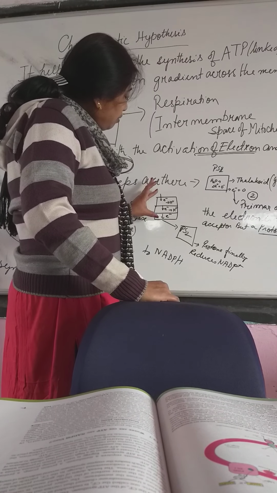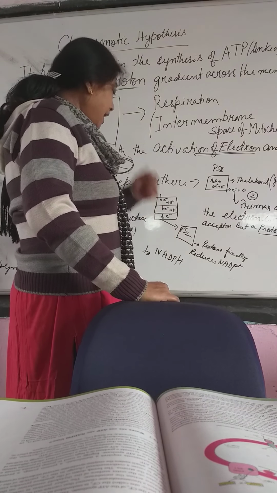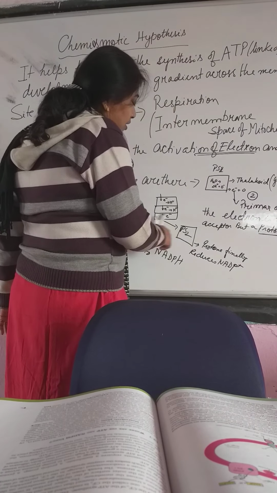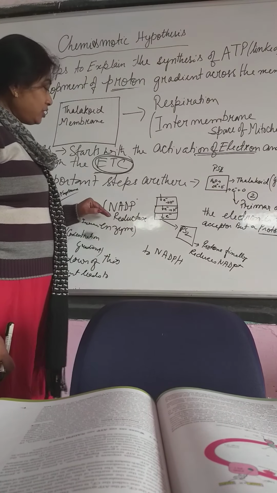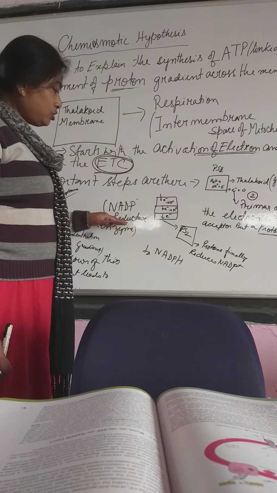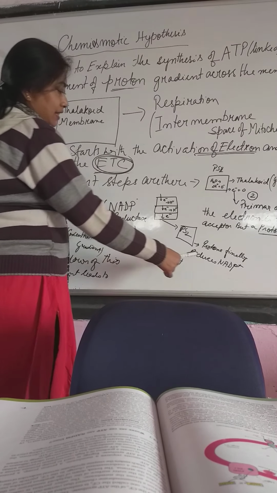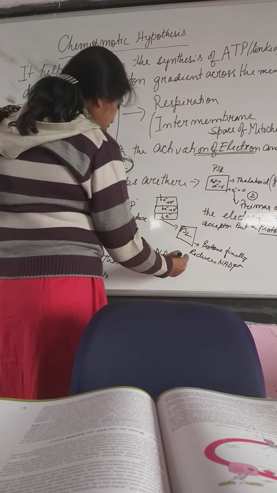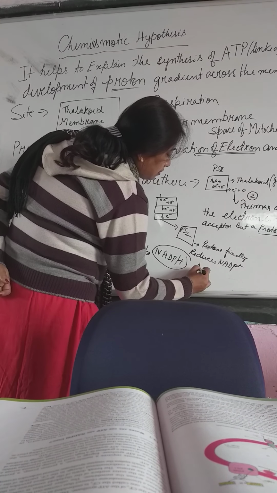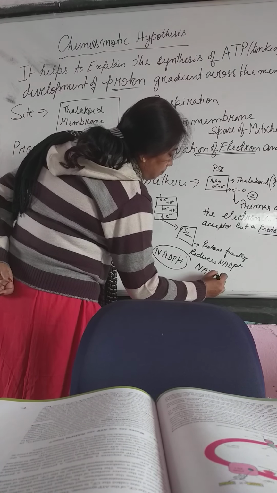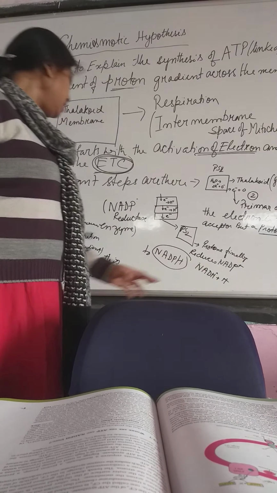So from PS2, photocenter 2, this electron is released and goes to photocenter 1. There is an enzyme known as NADP reductase. So this reductase reduces NADP to NADPH. Okay, NADP to NADPH. Clear? So it actually forms NADPH plus H. This hydrogen is released here.